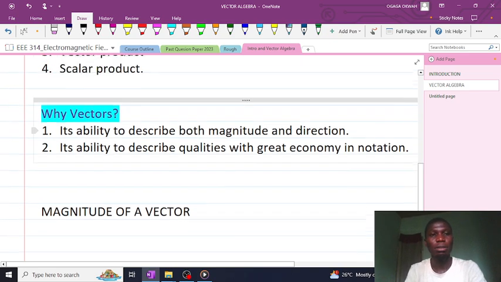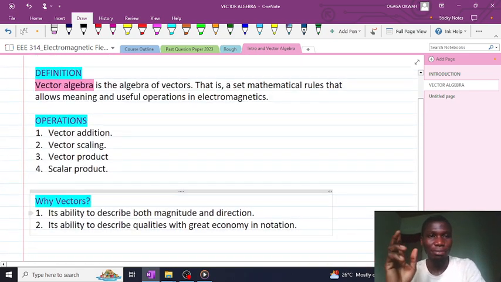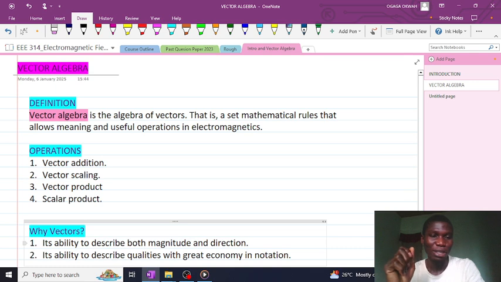So let's consider vector algebra. Since we know what vector algebra is, and I have just defined vector and, close to it, scalar, we know what that is.